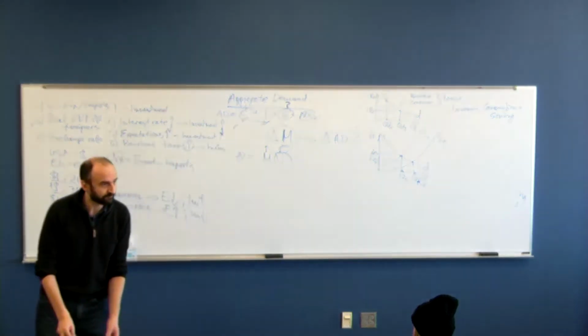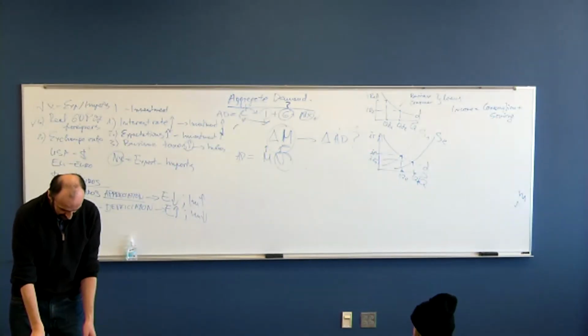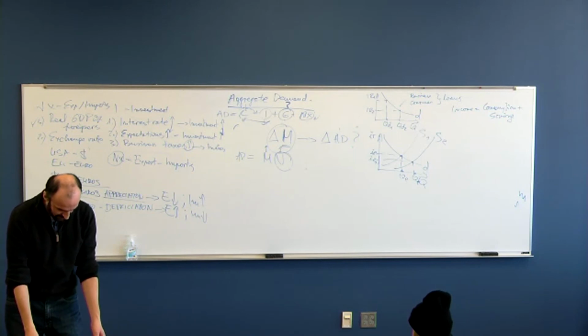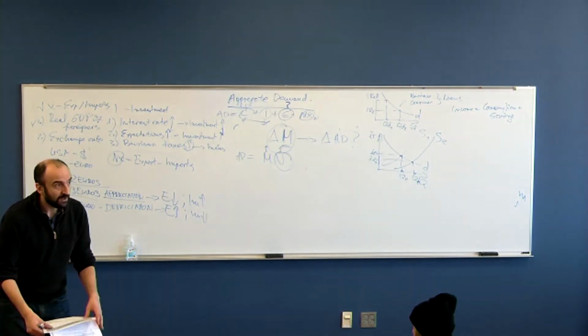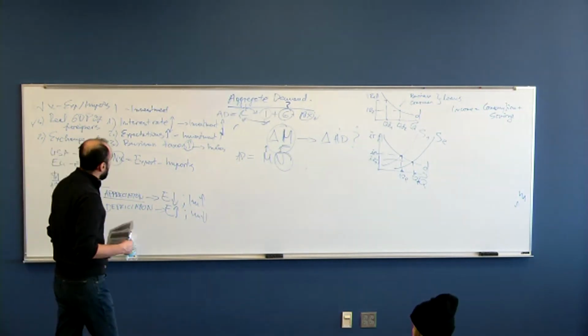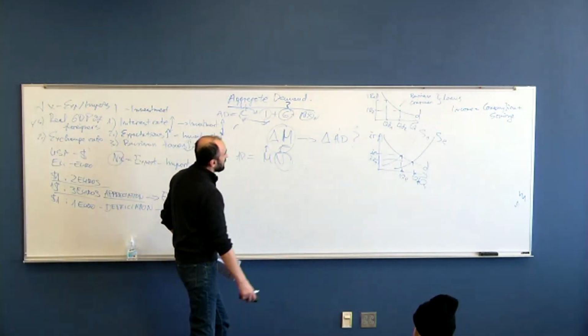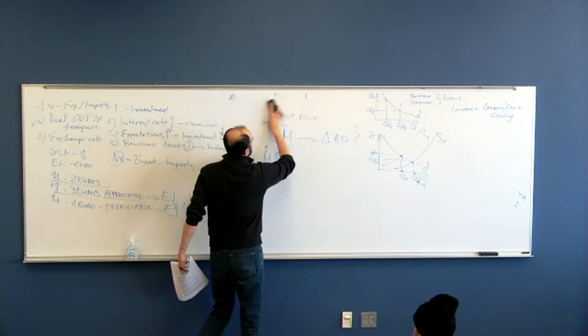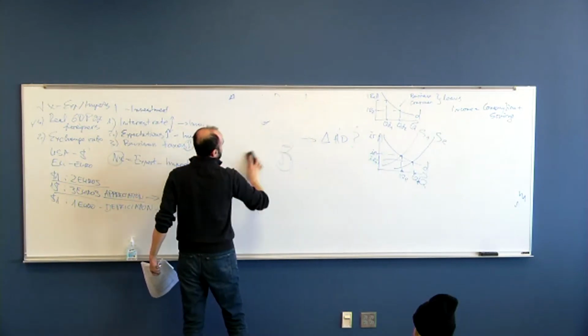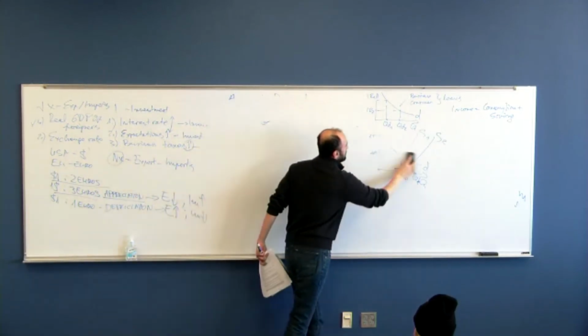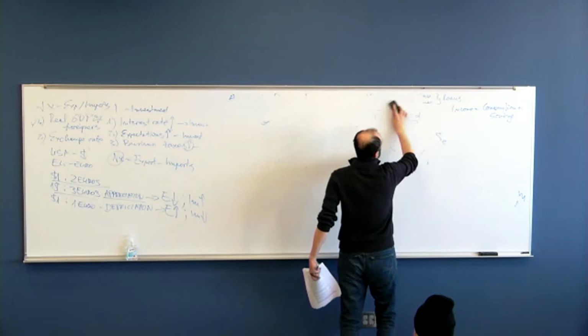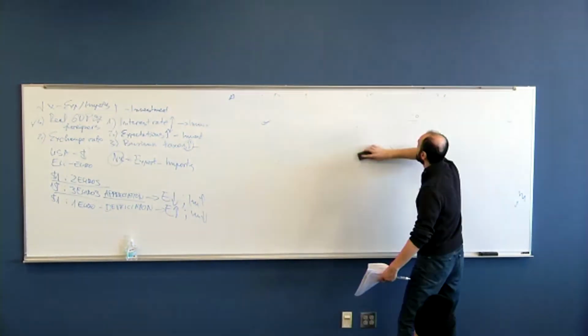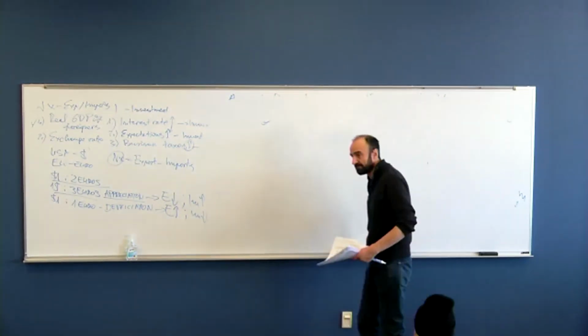Any questions? Okay, I'm going to assume that this is clear for now. If it is clear and you still have time to reconsider and ask questions, I will shift in a minute or two to aggregate supply, basic definitions of aggregate supply.